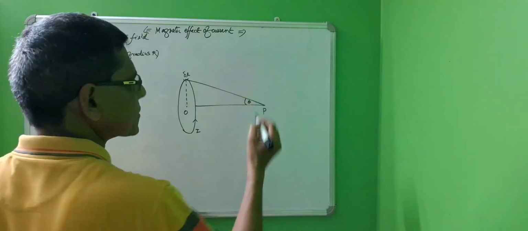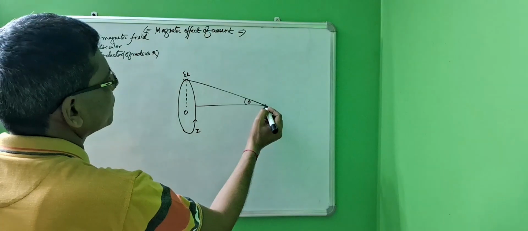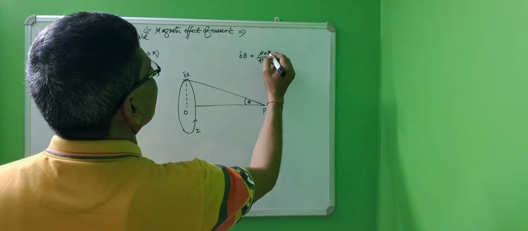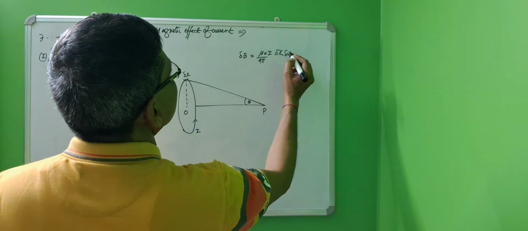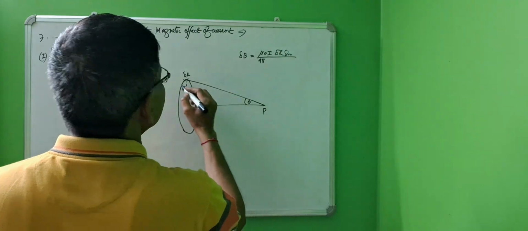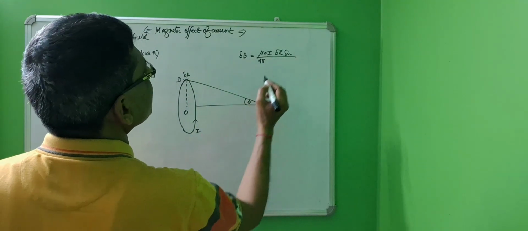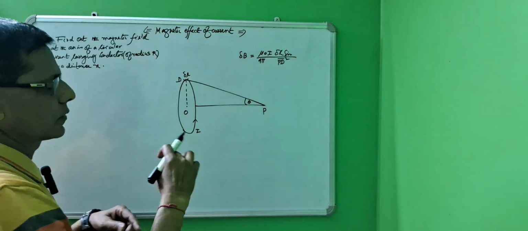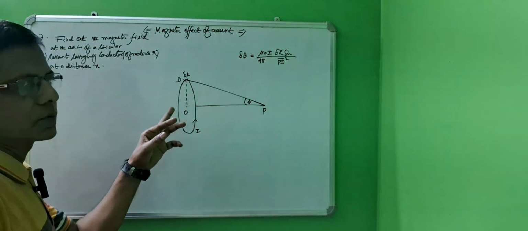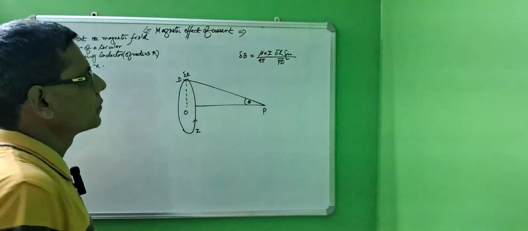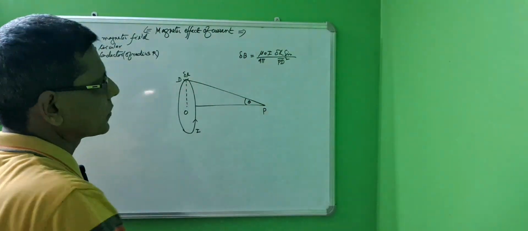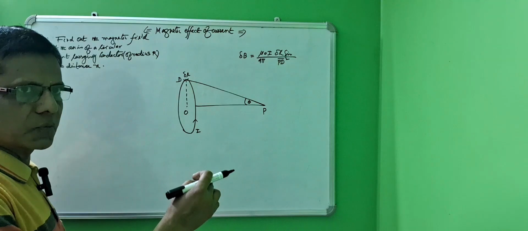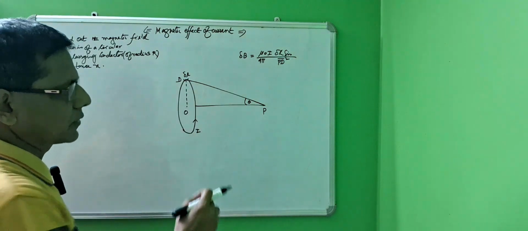So applying Biot-Savart's law, for this portion delta L at the point P we get delta B equals mu 0 upon 4 pi I delta L upon PD square, suppose this is D. The direction of delta L is the tangent at that point on the circular loop, and the angle it makes with the line DP is 90 degree.